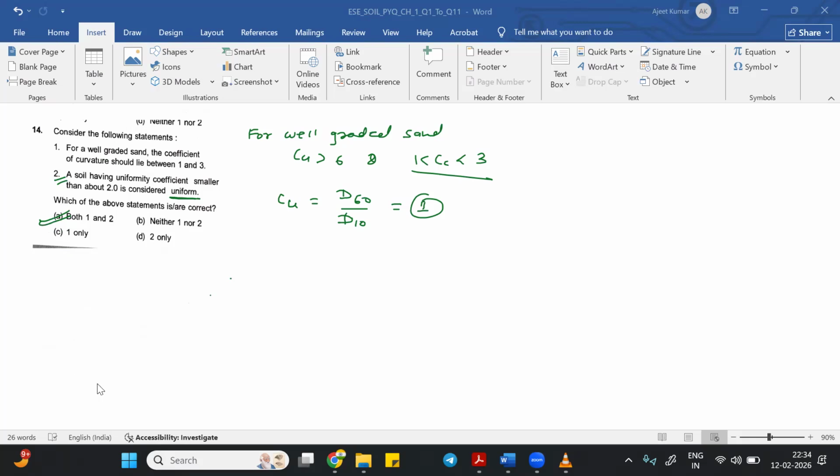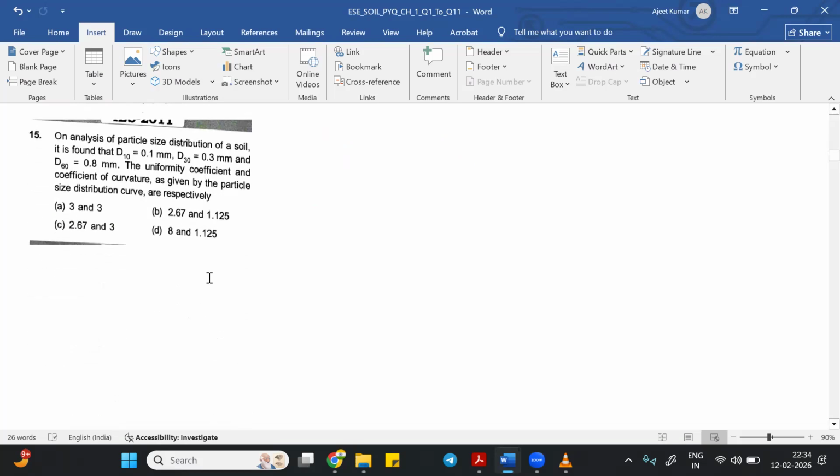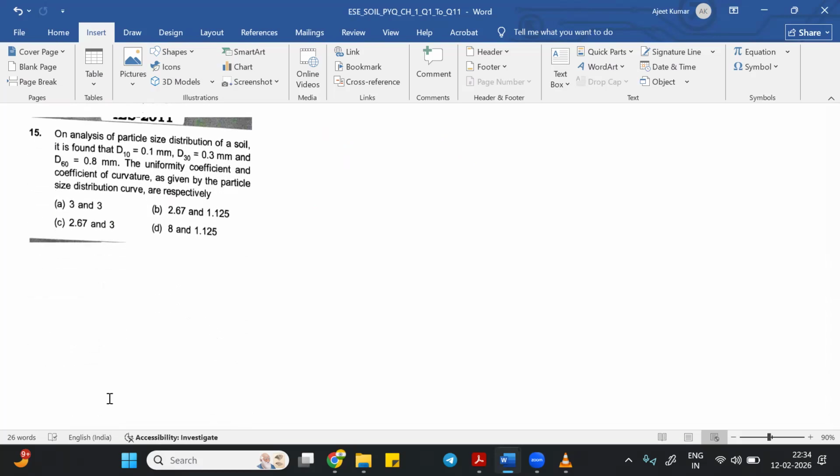Question number 15. On analysis of particle size distribution of soil, it is found that D10 is 0.1, D30 is 0.3, and D60 is 0.8. The uniformity coefficient and the coefficient of curvature are respectively? Cu is D60 by D10, which is 0.8 by 0.1, so this is 8.